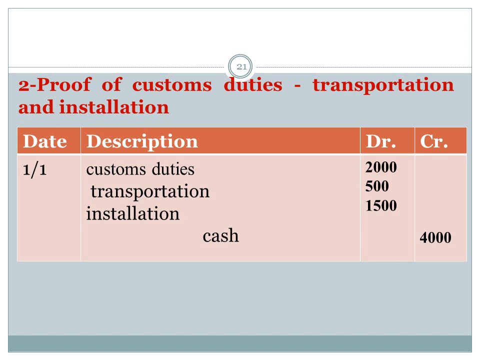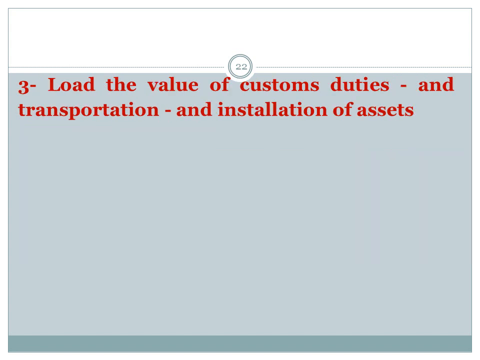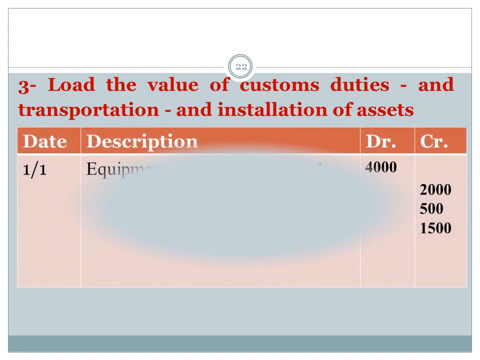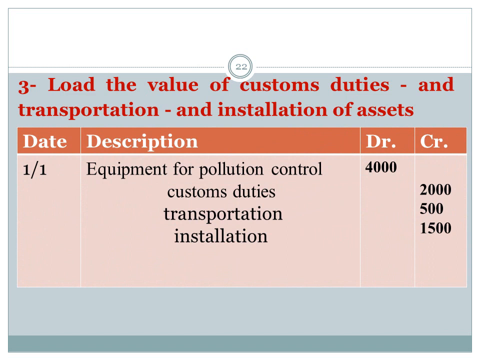Second stage, these expenses should be loaded to our asset. So the asset is increased, these expenses will be closed in our asset, so it will be in the credit side as follows: load the value of customs duties, transportation and installation to the asset.